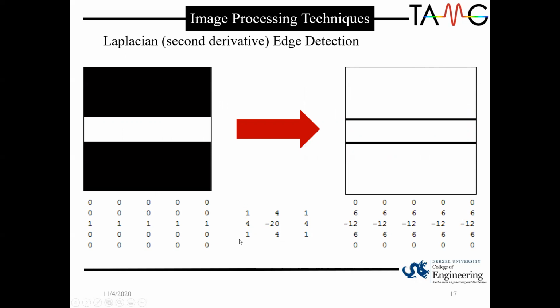If I run the convolution with this kernel, 1 4 1, 4 -24 4, 1 4 1, what I can extract is this edge detection, which gives me where the edges are between those planes. And using that, I can identify a lot more characteristics of the image as opposed to just seeing the color itself.